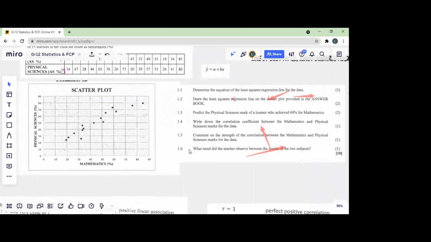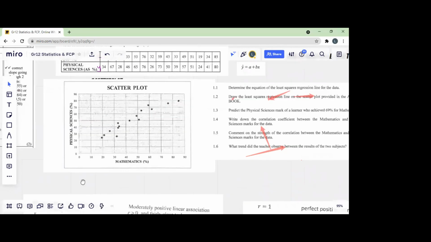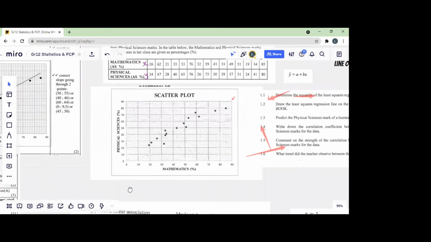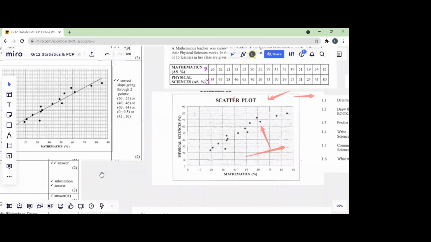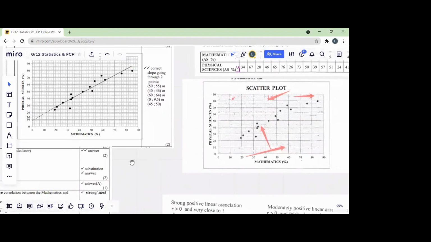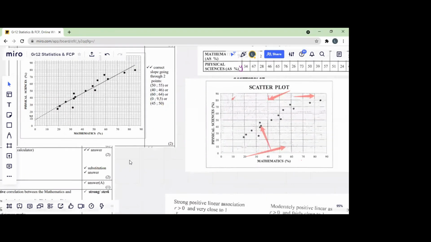All right, so now you would need to draw the least squares regression line onto your scatter plot. Right, so you would need to fit it onto the data. Okay, it's got to go through 2 of the points. So which 2 it goes through is sort of up to you. What's important is that it does not touch the x-axis.